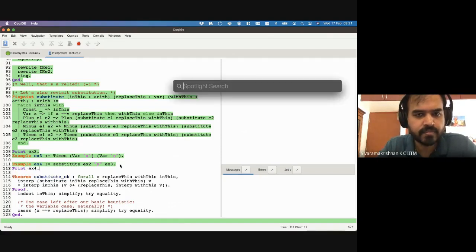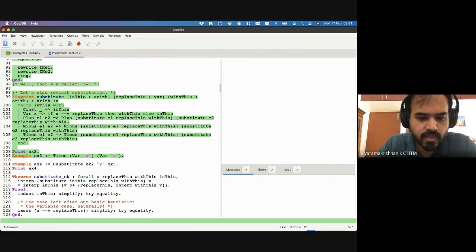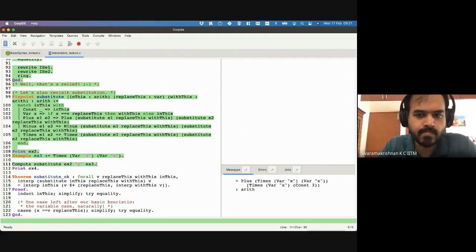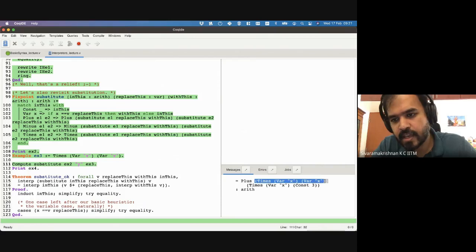Oh, we do the compute as well. I can't do this. So what has happened is we have replaced wherever y has appeared with x times x.